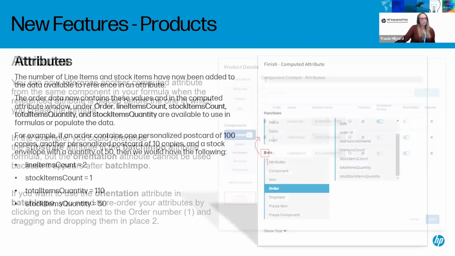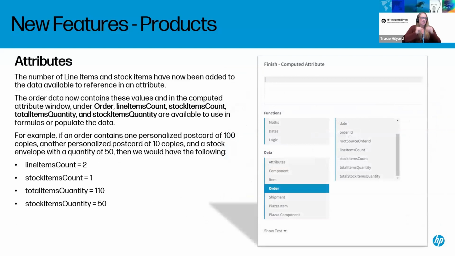The next one, I know that we worked on this very closely with a couple of different customers. So this is very exciting here. Now, the number of line items and stock items have been added to the data available to reference in an attribute, which means it's coming in when the order is created, it's calculating these values.